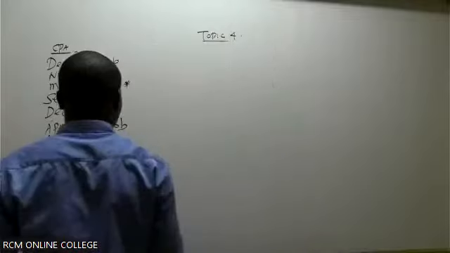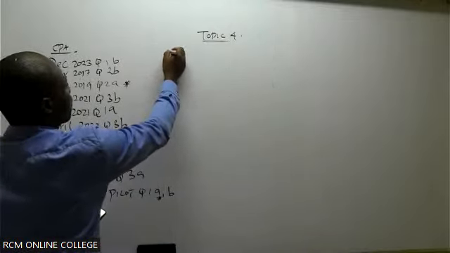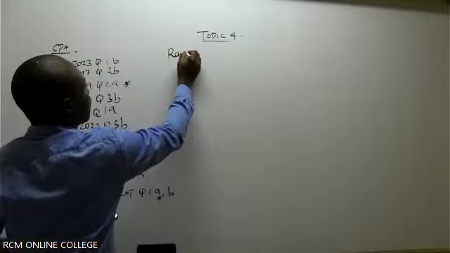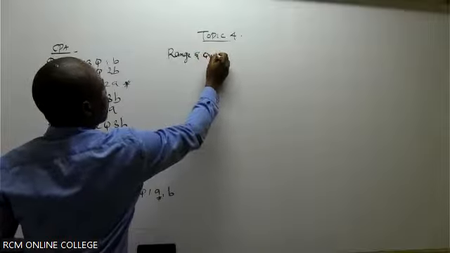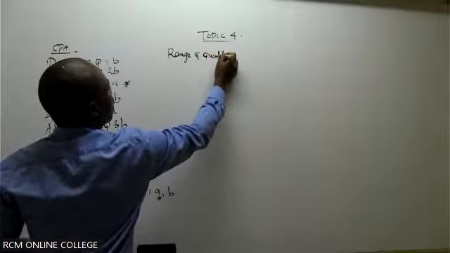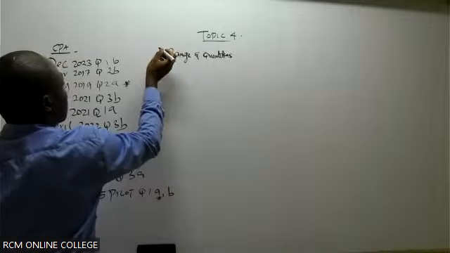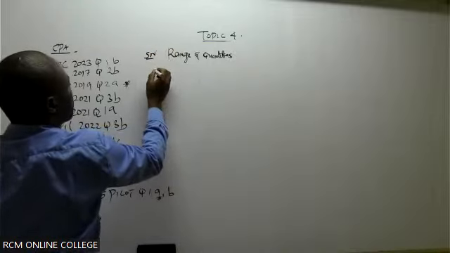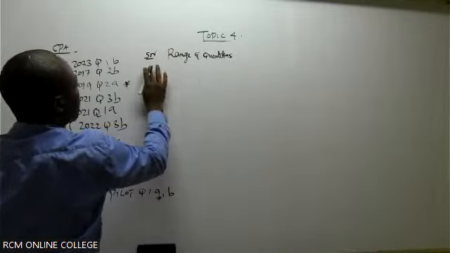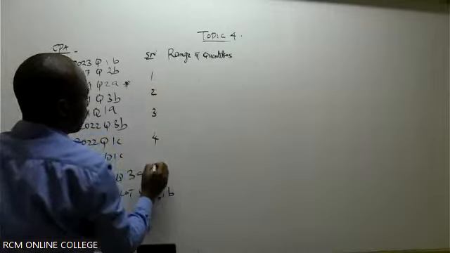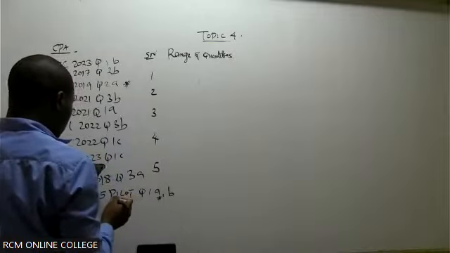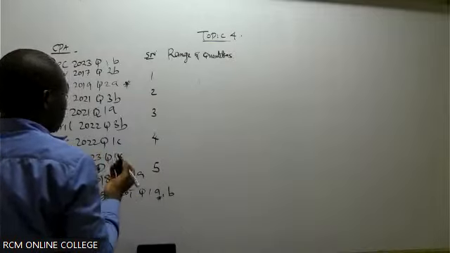So we have a range of quantities. Here you can have 1, 2, 3, 4, 5.